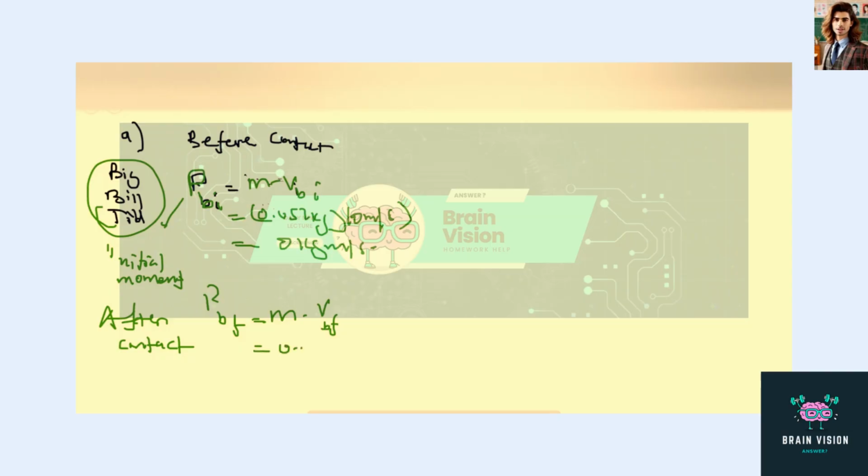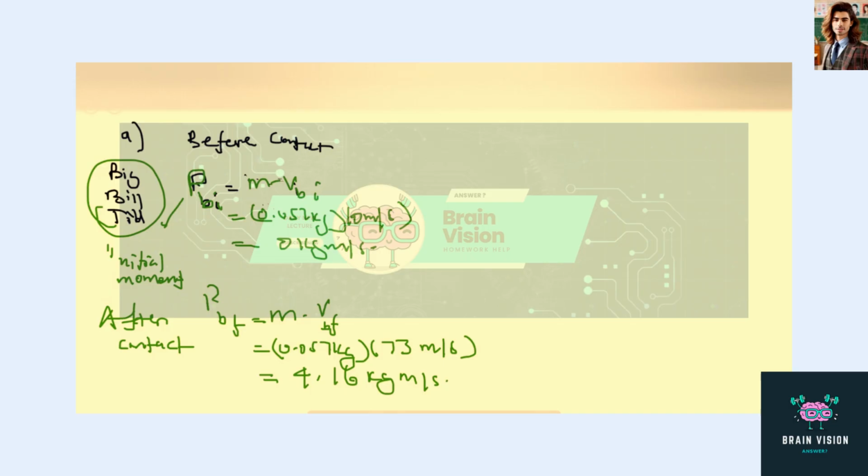So this is 0.057 kilograms times the velocity, which is 73 meters per second, and that gives us a momentum after contact of 4.16 kilogram meters per second.